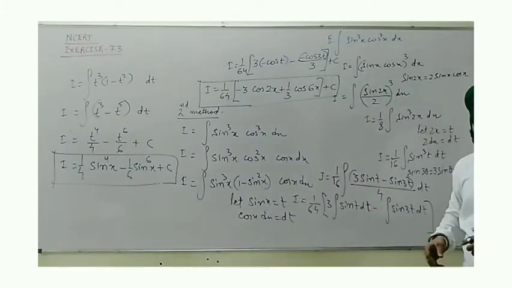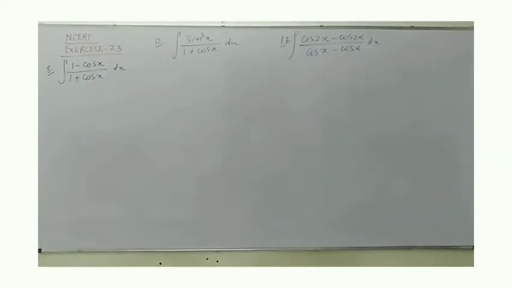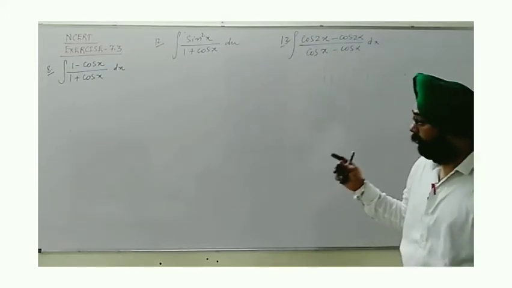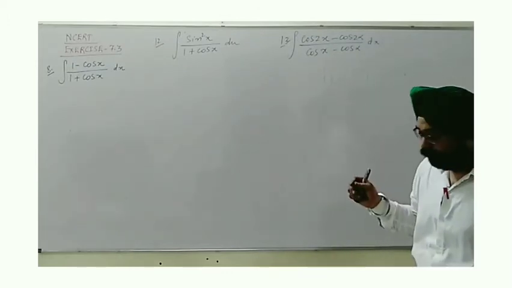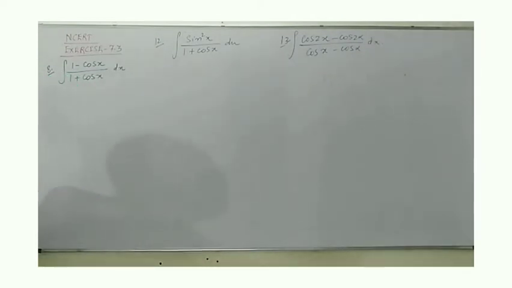Now we are going to take the next group of questions from the same exercise. For the next group of questions, I am taking question numbers 8, 12 and 13 from Exercise 7.3. Here we go. I see that in each question we need to apply trigonometric identities, as the exercise is mainly based on the same concept.